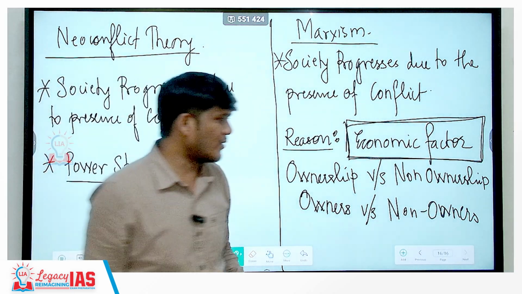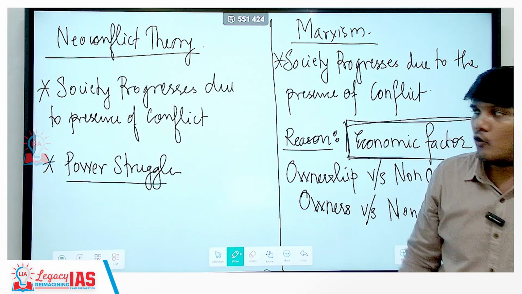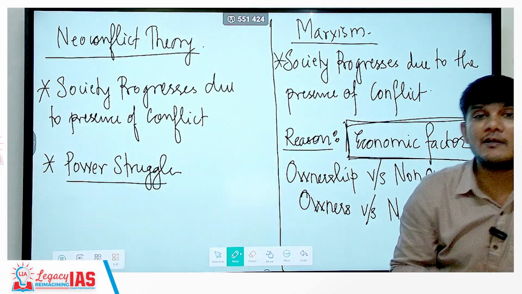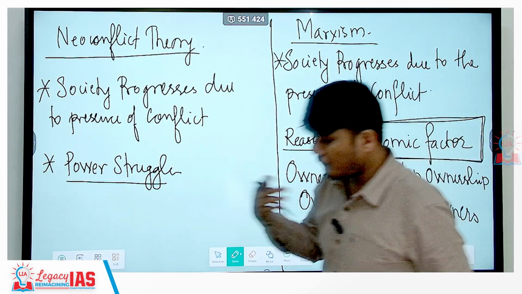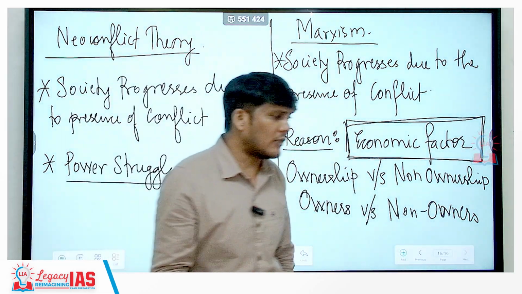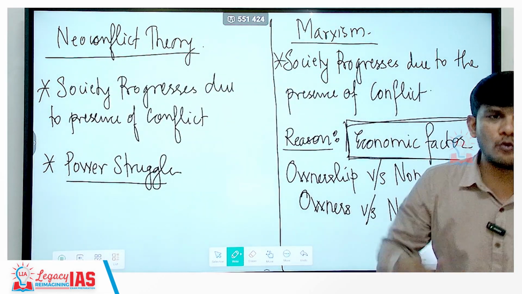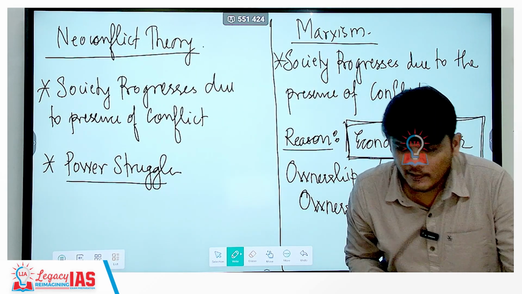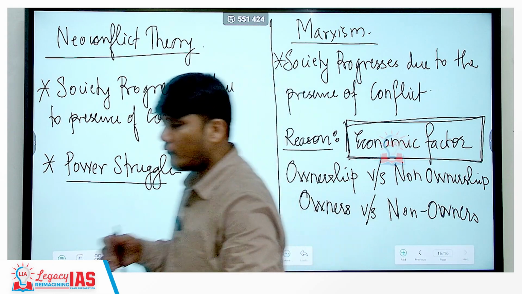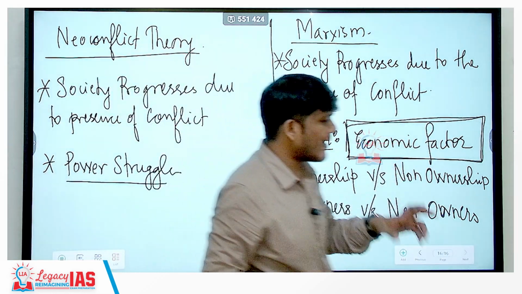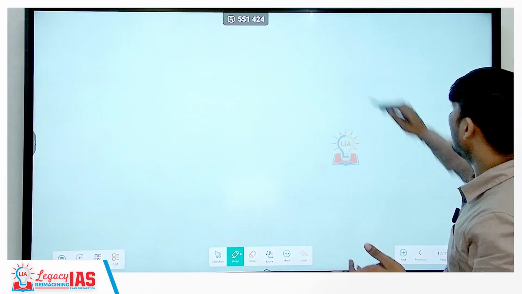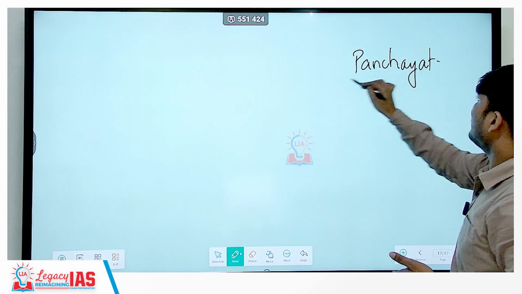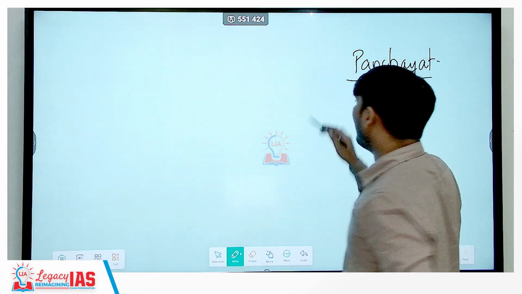However, there is a criticism to this. The criticism to this is what? In certain villages or any places you will see that the owners might be the females, but still the decision of that property, of that agricultural land, what to grow, how to grow, what to do, what not to do with that particular thing is still decided by the males. In fact, there is an entire web series actually. If you look at this web series Panchayat, in this web series, the Pradhan of the village is a female.